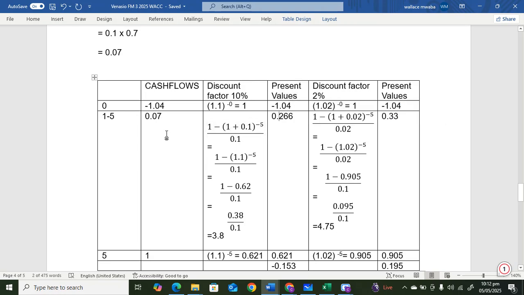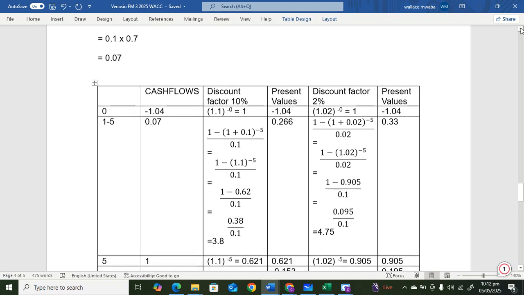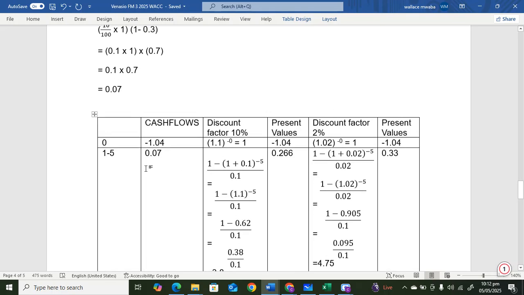The only difference here is we have an annuity. These interest payments represent an annuity. So instead of doing year 1 0.07, year 2 0.07, year 3 0.07, we can calculate the annuity.